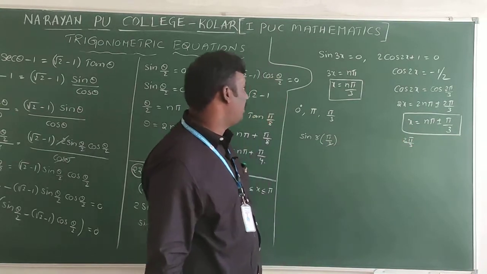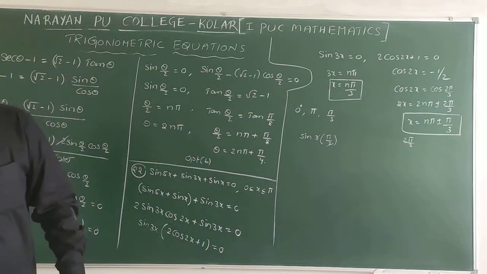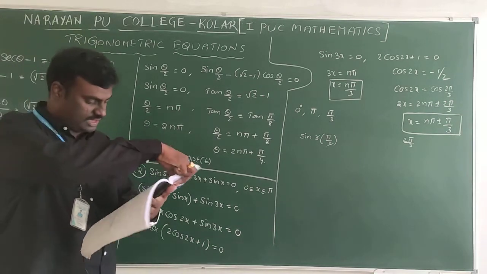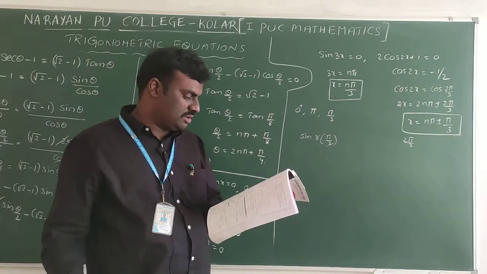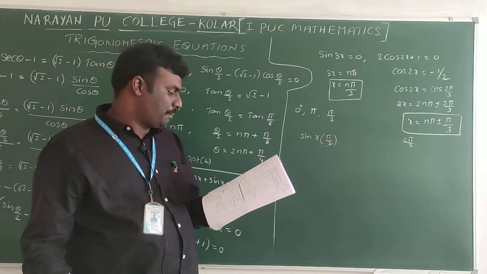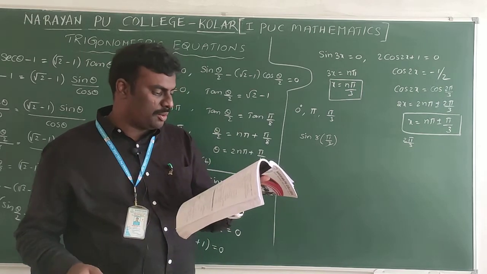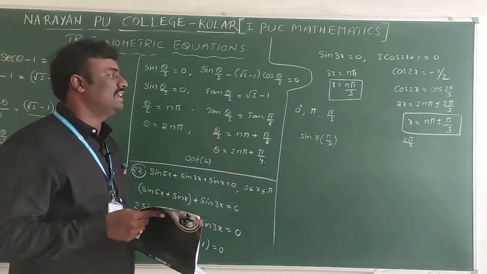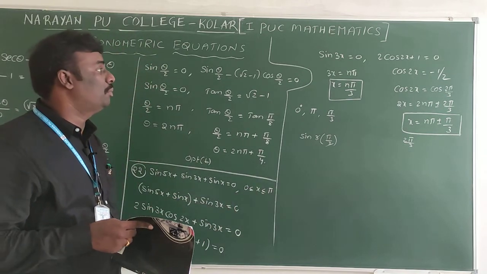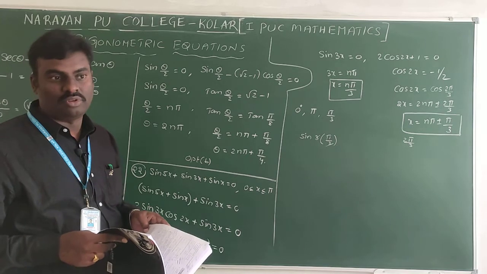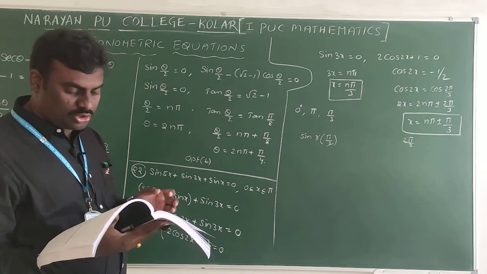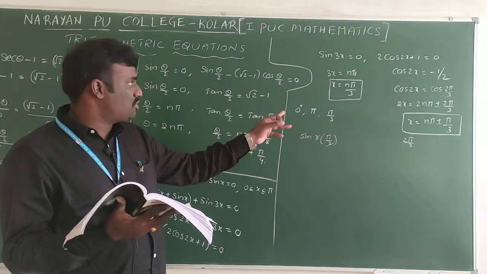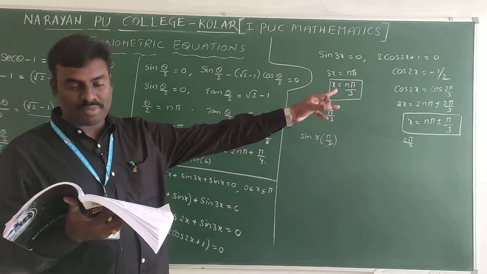Now we have the total number of solutions for this question number 22. But here, pi by 3, can I include pi by 3 for this? Pi by 3 is not satisfying both general solutions. Why? Because here we have sin 3x equals to 0 and cos 2x equals to minus 1 by 2.